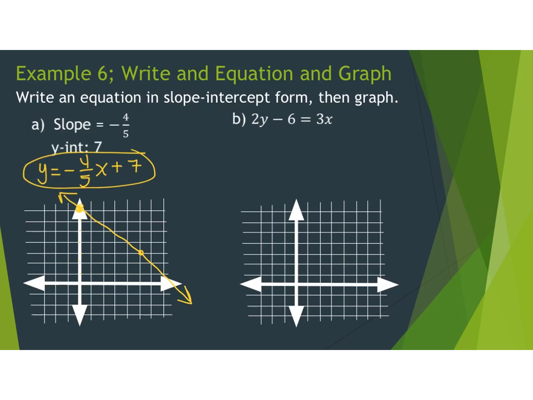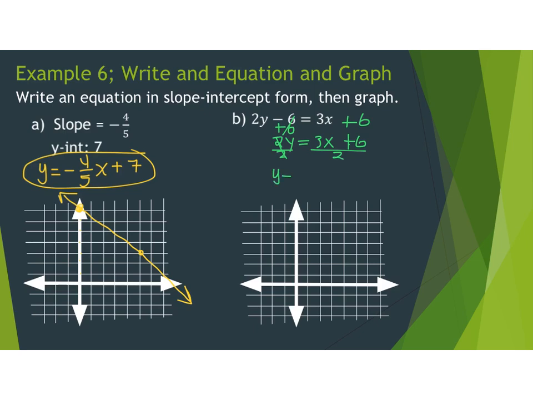For the next example, we have 2y minus 6 equals 3x. So to write it in slope-intercept form, I'm going to start by adding the 6 over, and I have 2y equals 3x plus 6. Then I divide by the 2.